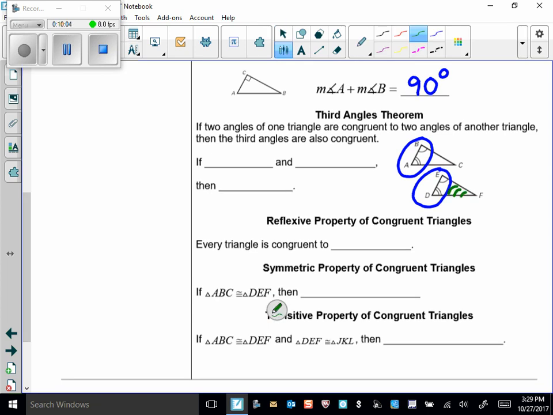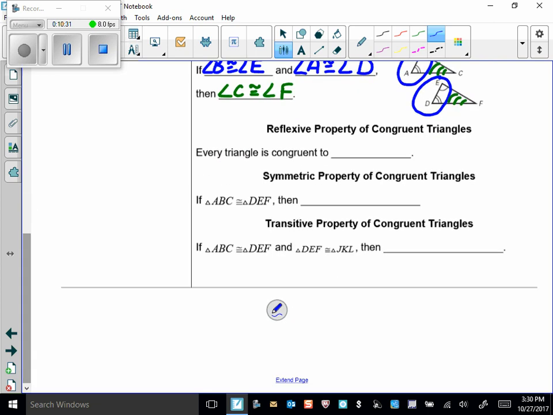So because those two sets are marked, I know that angle C is congruent to angle F. So if angle B is congruent to angle E and angle A is congruent to angle D, then I know those third angles are congruent. Very important theorem there.